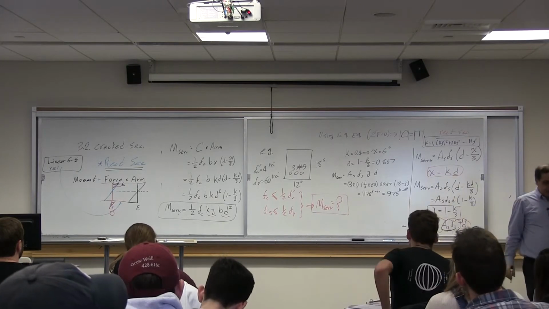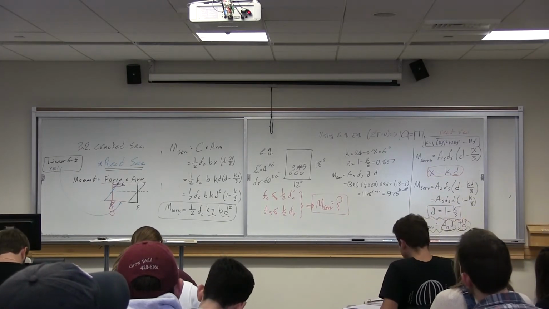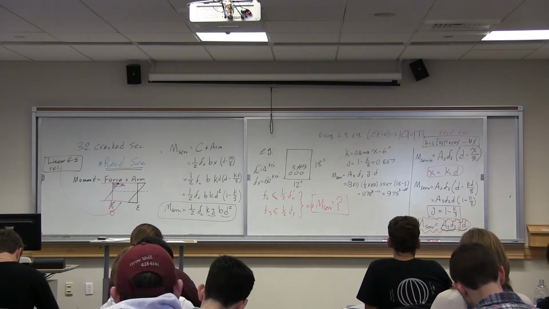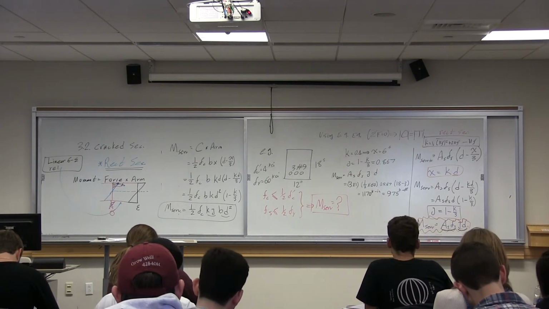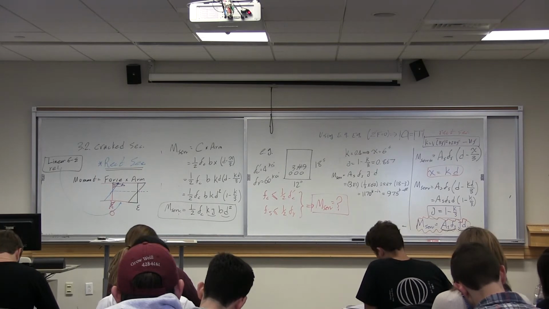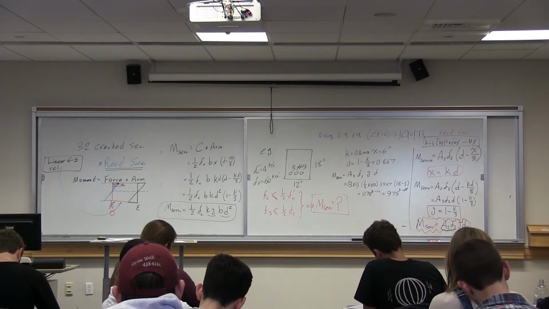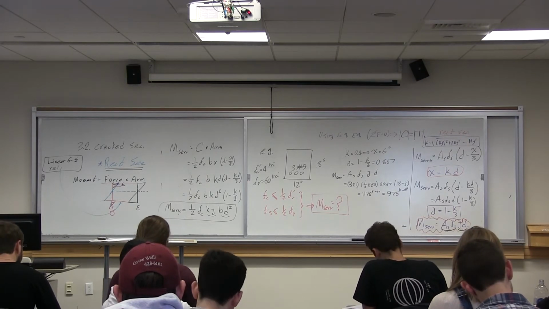So if we limit the moment applied to the section to 1170 cubic inches or 97.5 cubic feet, the stress in the rebar would be 1/2 of Fy, which is one of our objectives.